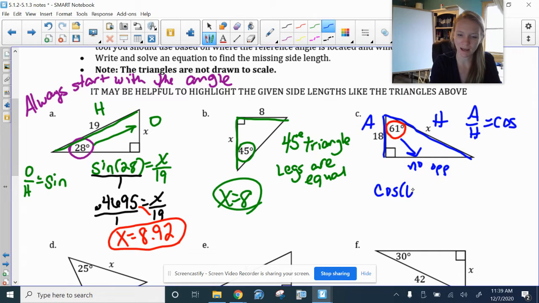So I'm going to do cosine of 61 equals adjacent, because that has to go on top. So I'm going to put 18 over x. Here again, I'm going to put a 1 on the bottom, and I can cross multiply.